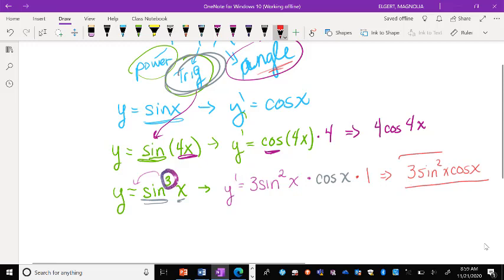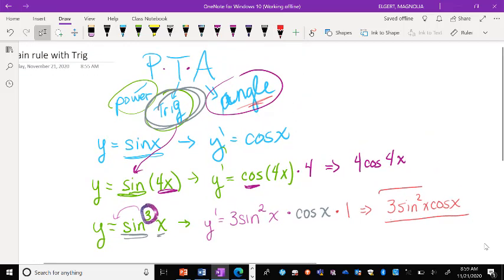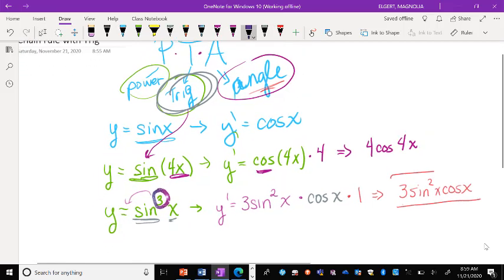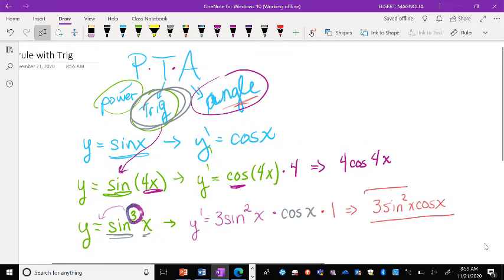So when we're doing this PTA, what you need to think, I'm going to write kind of a complex one up here and just try to show you each part. So let's say it's the sine cubed of 5x. So when I say power trig angle, the power is this, the 3.